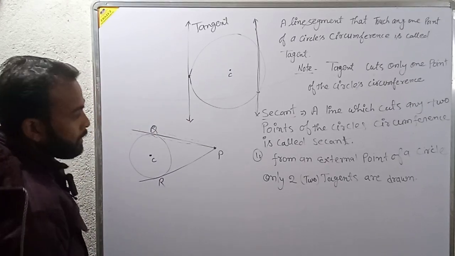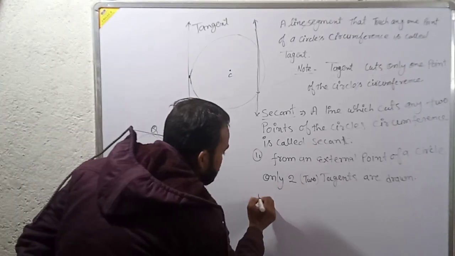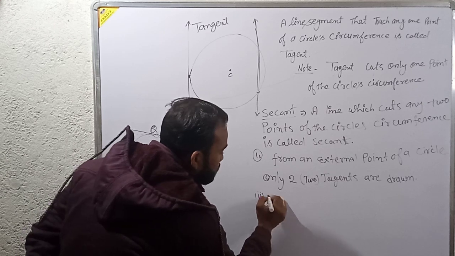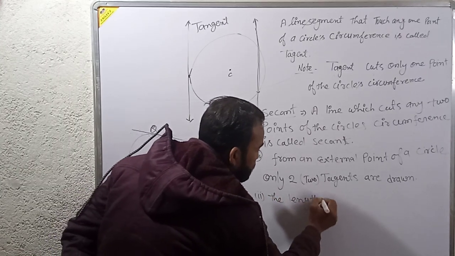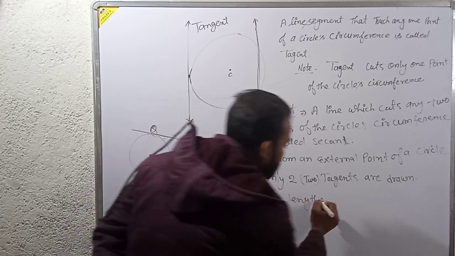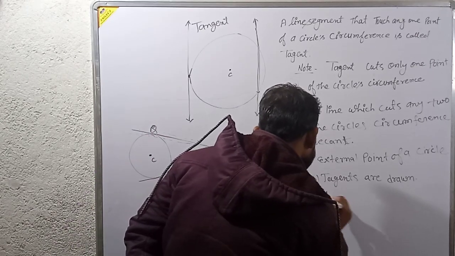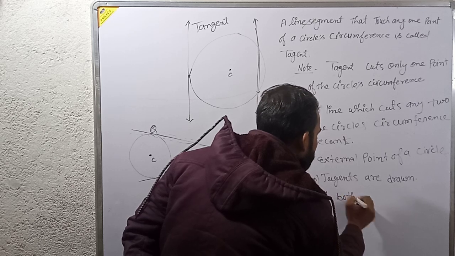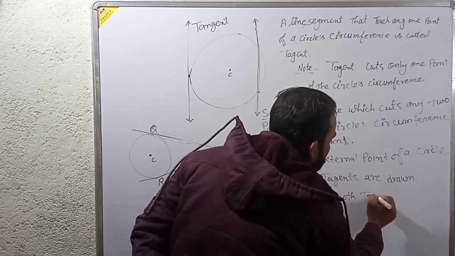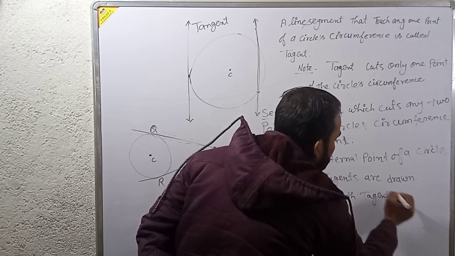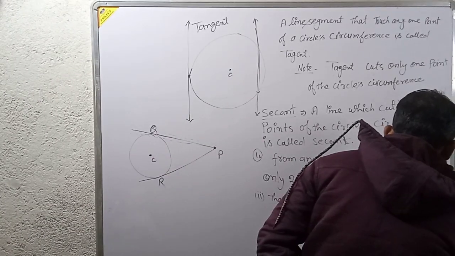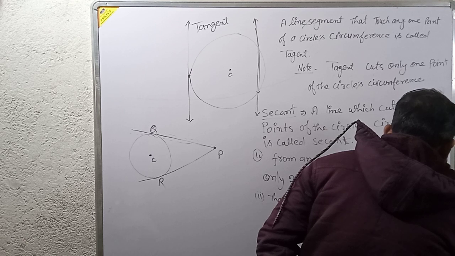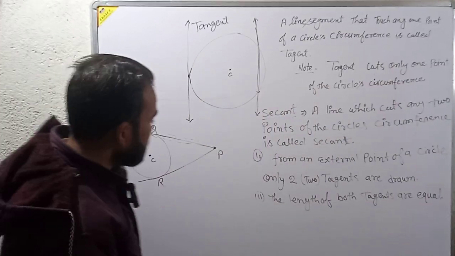Clear? And the lengths of both tangents are equal. Clear?